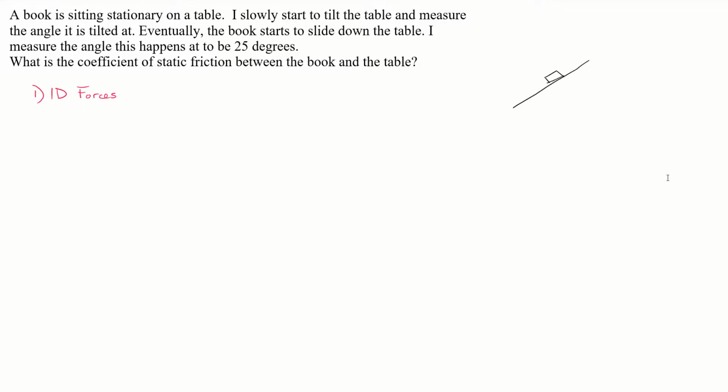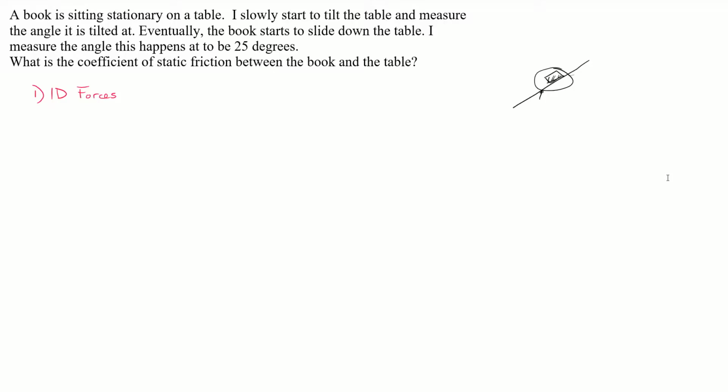I have my book on my tilted table, and we circle the object we're concerned with, right? Then we look at anything that breaks that circle, anything in contact with the object. In this case, I'm talking about the book. That's the object I'm trying to describe. I circle it.